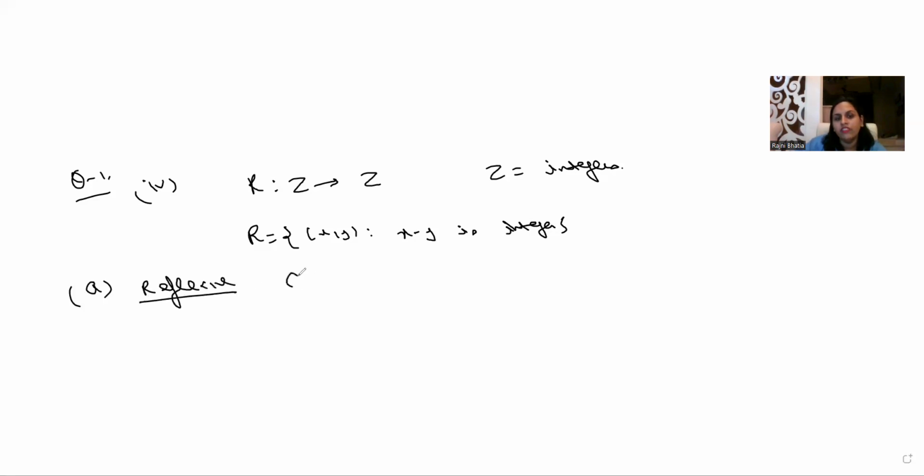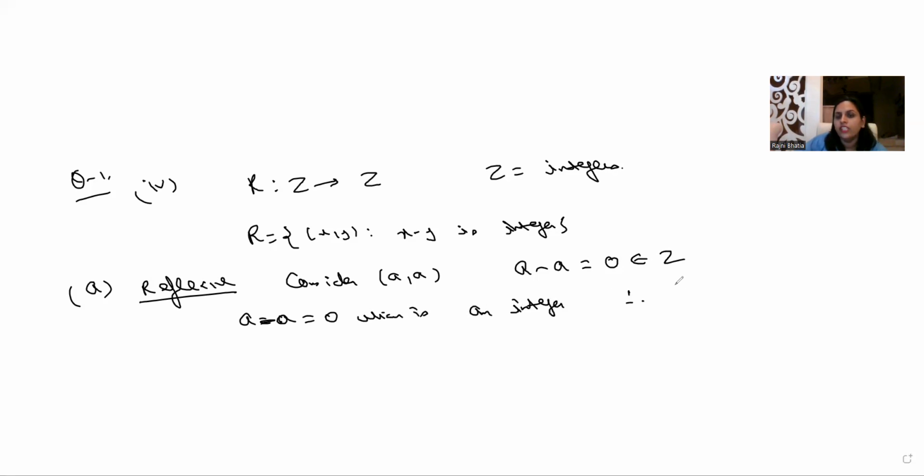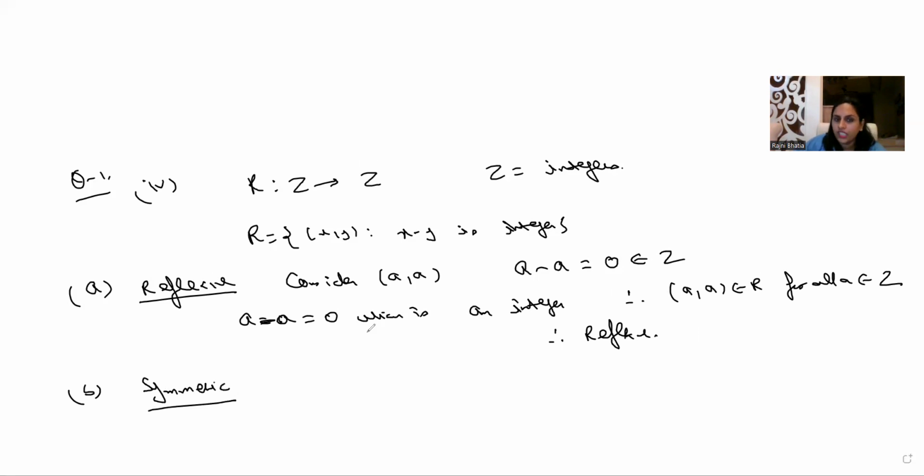For reflexive, we will consider A comma A. Now what is A minus A? A minus A is 0, which is an integer. Therefore, A comma A belongs to R for all A that belongs to Z, and therefore our given relation is reflexive. Now we'll move to symmetric.